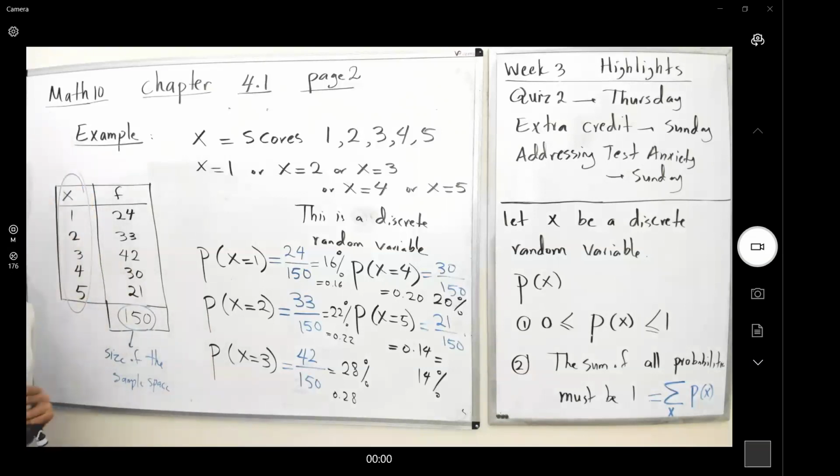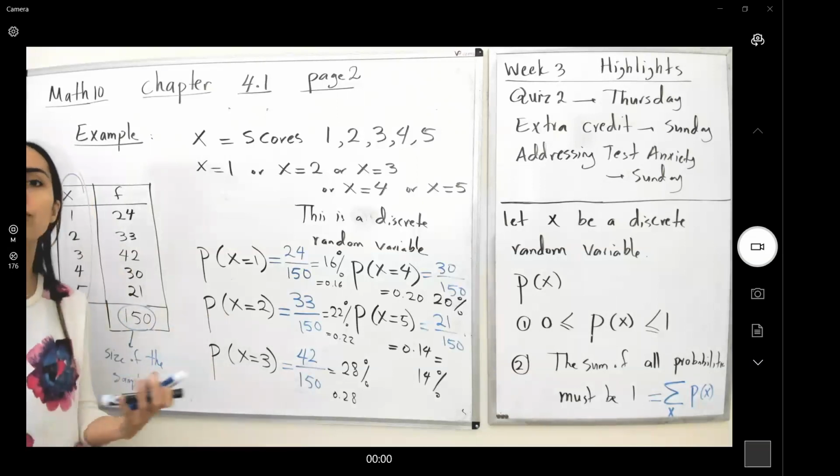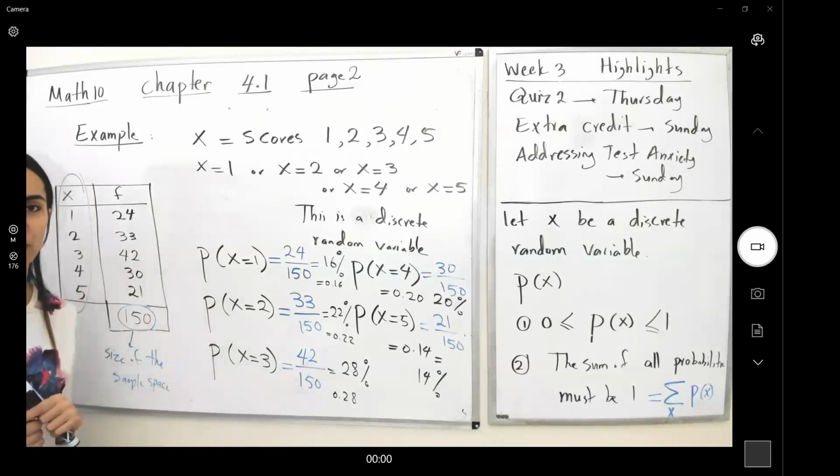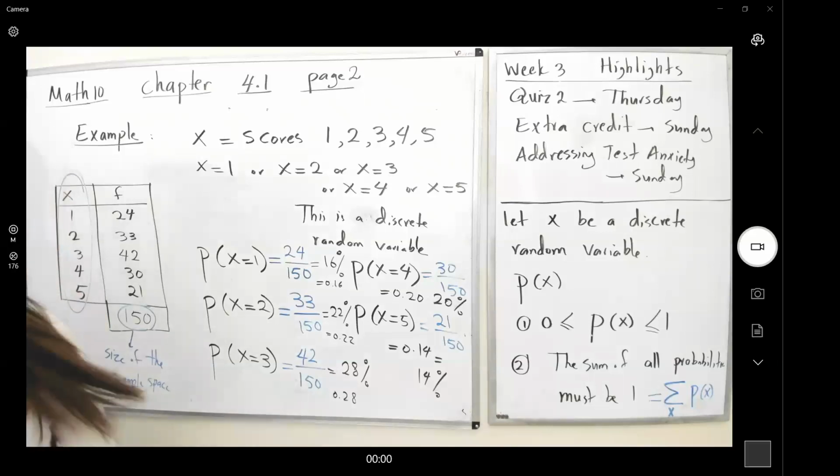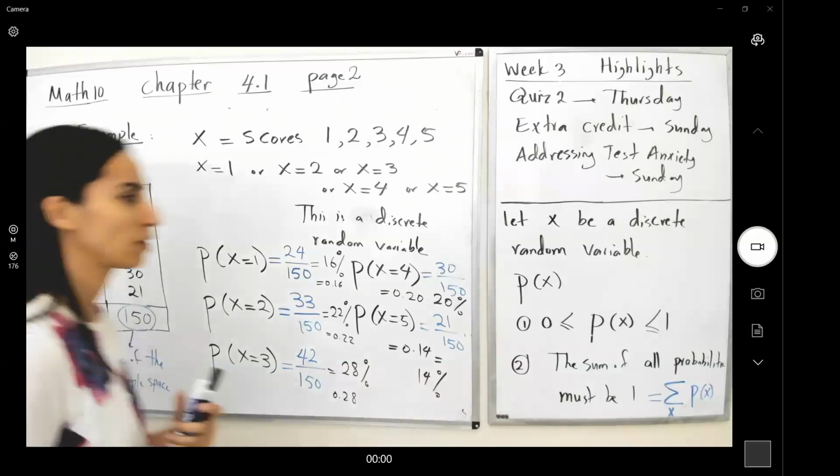Now I expect you to ask, what should I do with these numbers? How can I visualize them? Well, we're going to use a histogram to visualize this probability distribution. So let us form our histogram.